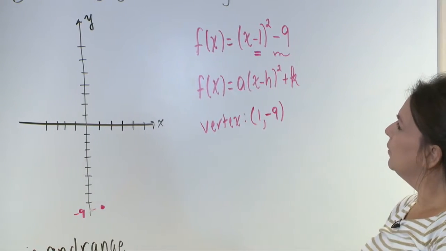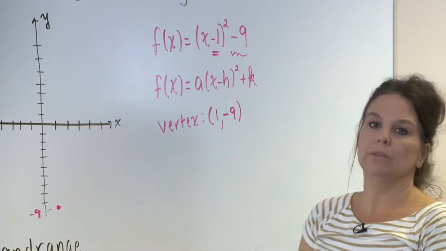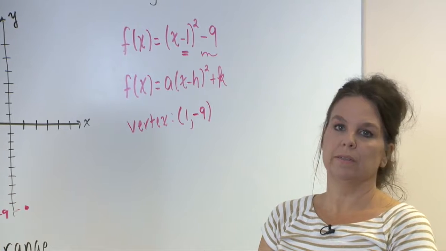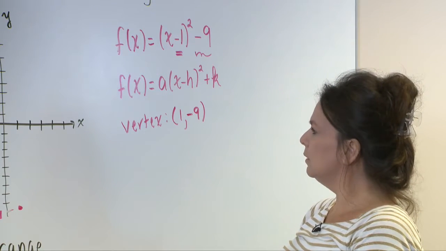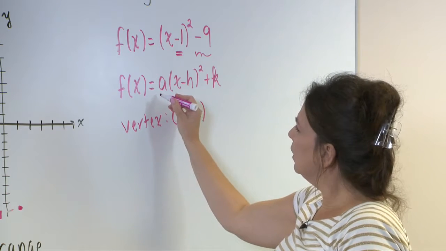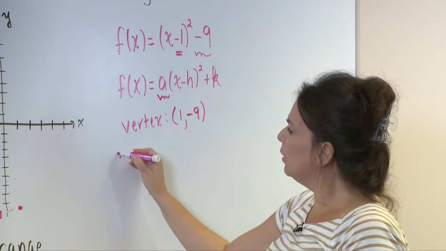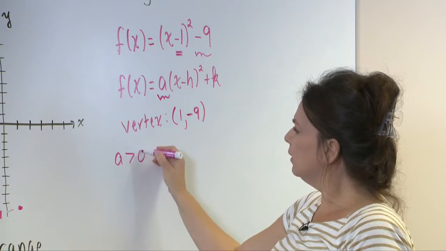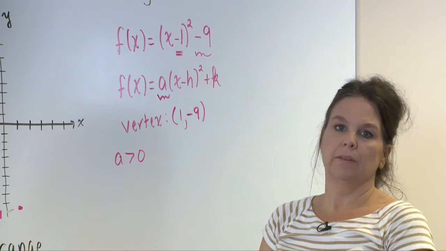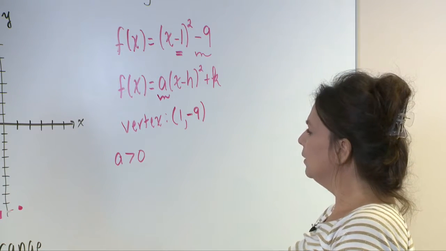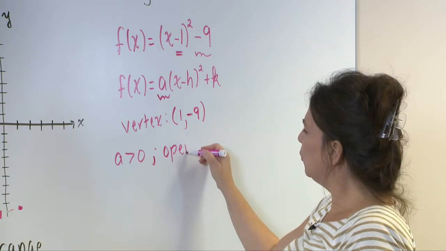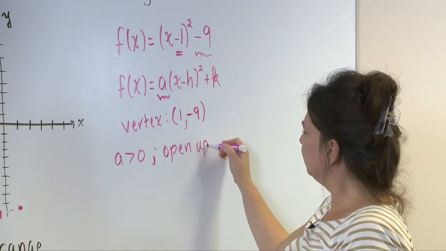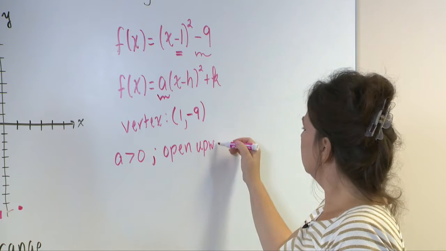Looking at the function we were given, f of x is equal to (x minus 1) squared minus 9, the leading coefficient is positive. That is, this value of a is greater than 0. Since the value of a is greater than 0, the parabola will open upwards.